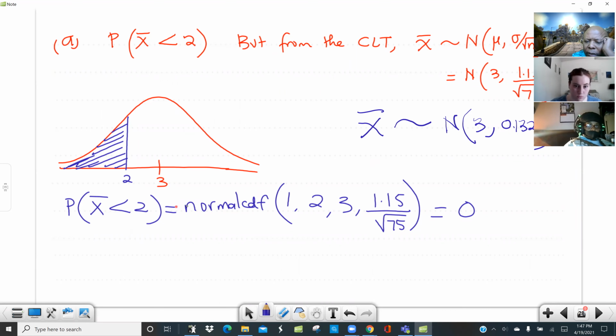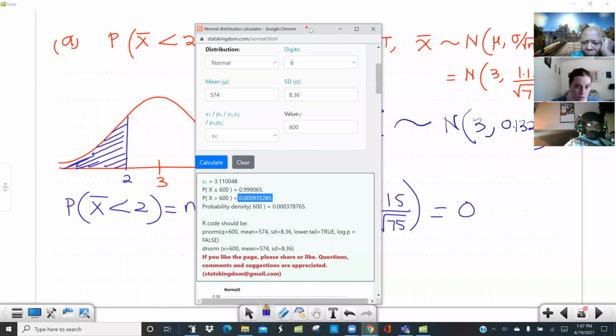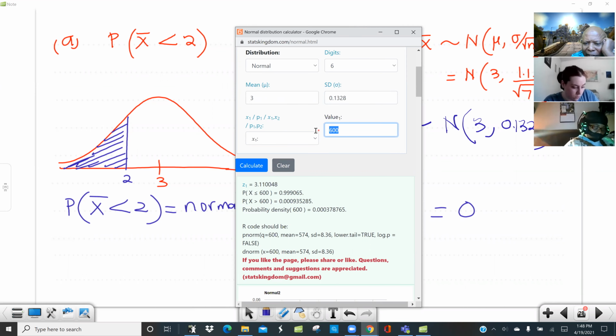In particular, the chances of finding a sample with a mean less than 2. Well, let's come here. The mean is 3. The standard deviation is 0.1328. And you want to go less than 2.